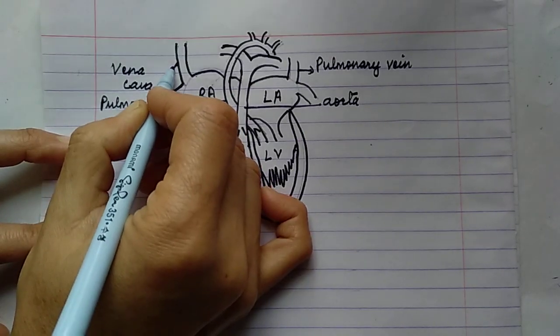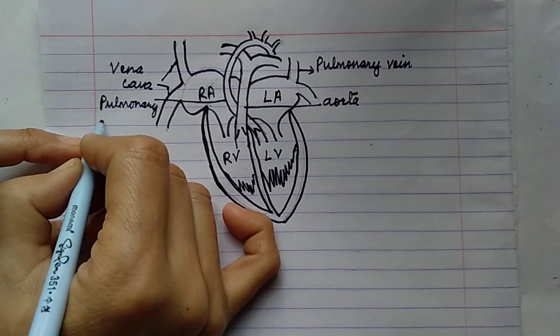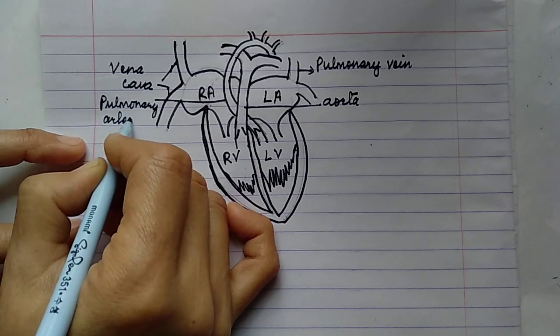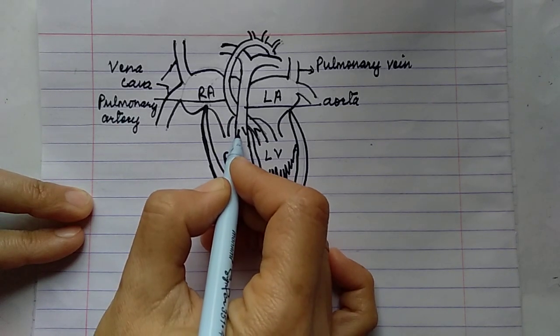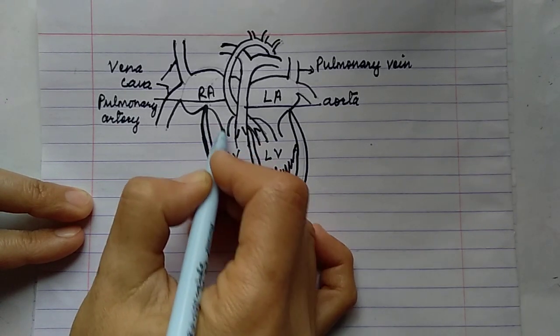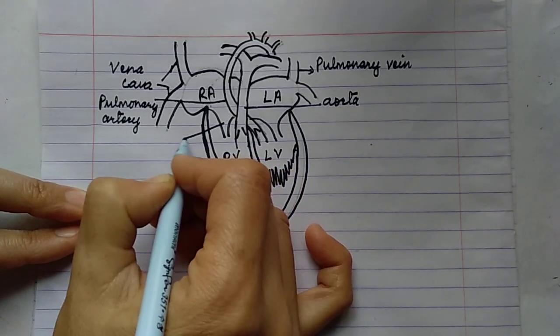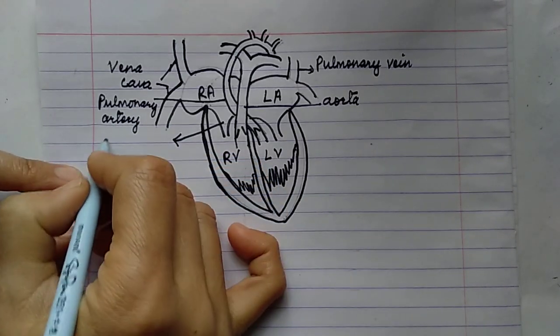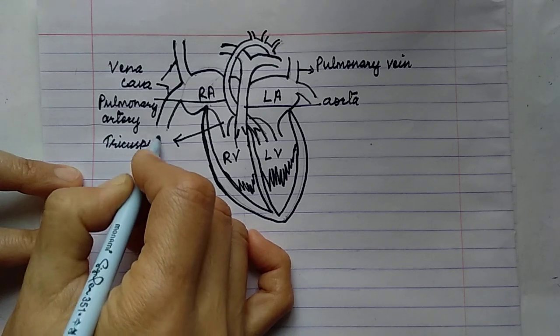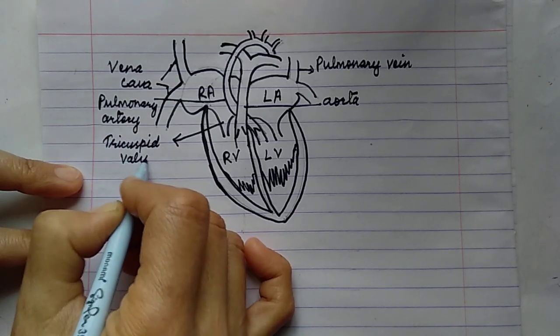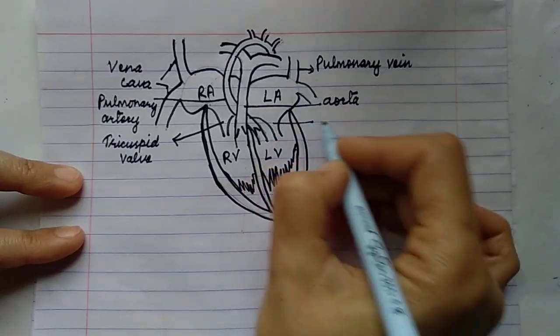Now this is pulmonary artery, this one. Okay, and this is pulmonary vein. This is tricuspid valve. And this is bicuspid valve.